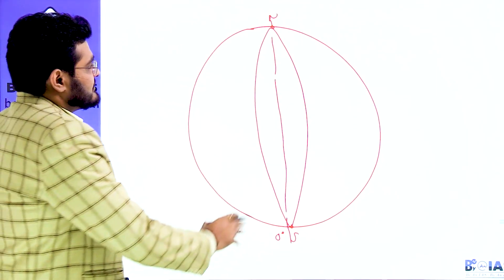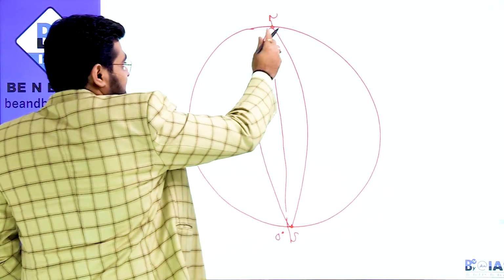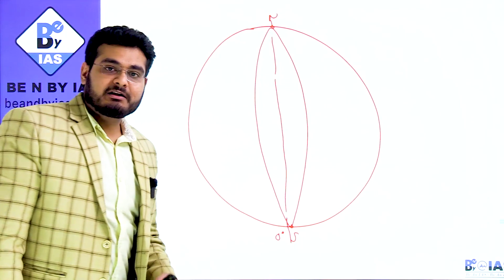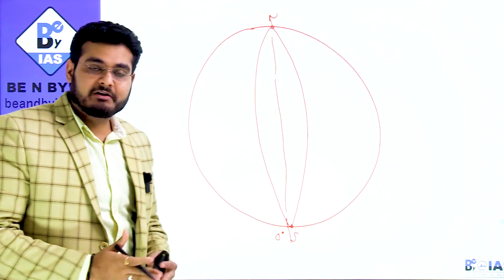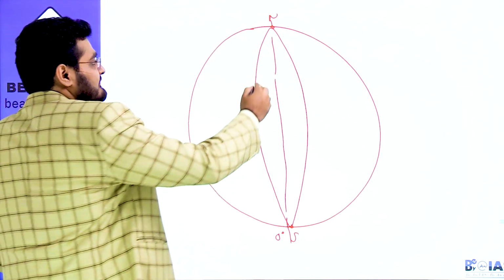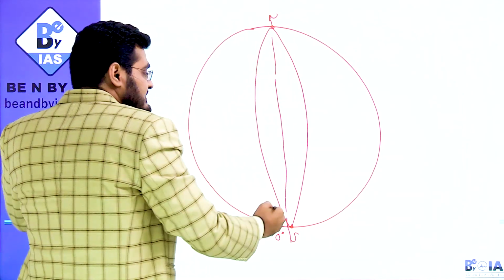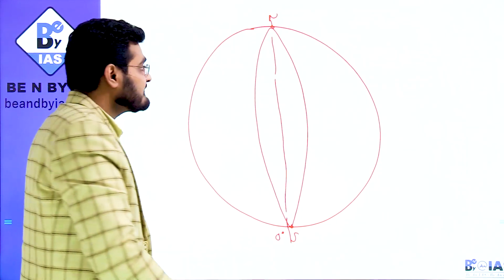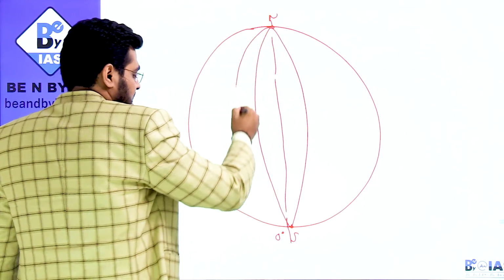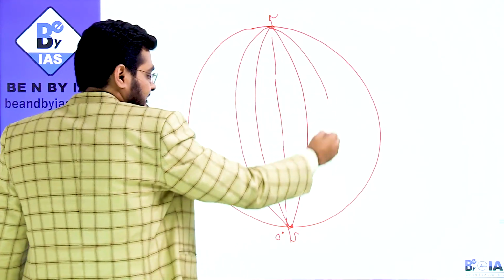Longitudes start from the prime meridian. Prime meridian is the reference point and it passes through Greenwich in London, as we have already spoken earlier. So this 0 degree meridian is called the prime meridian, and all the other meridians are joined from North to South Pole.